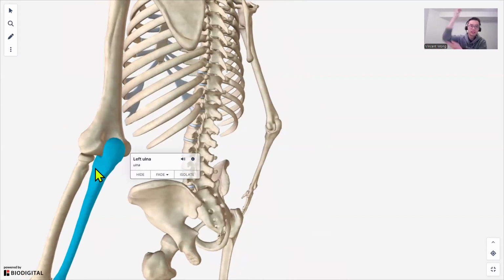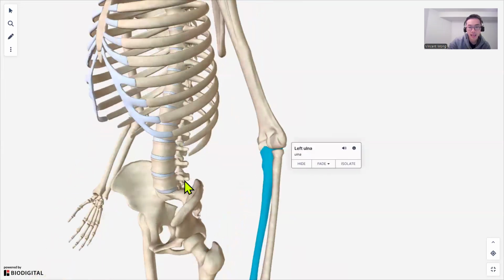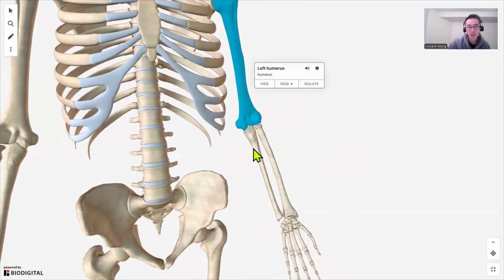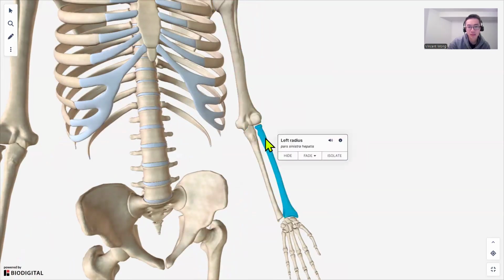That's the ulna that you're feeling. And on the side, you have the radius. Humerus, ulna, radius. So one bone for the upper arm, the funny bone, humerus, two bones for the forearm.